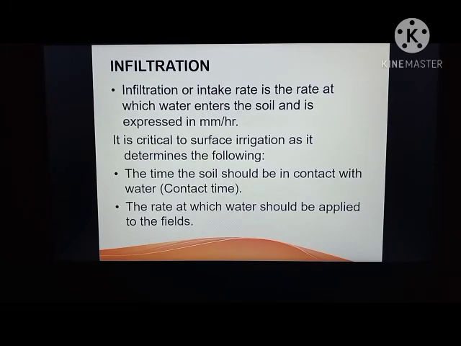Infiltration. Infiltration or intake rate is the rate at which water enters the soil and is expressed in millimeters per hour. It is critical to surface irrigation as it determines the following: the time the soil should be in contact with water, and the rate at which water should be applied to the field. In infiltration, we are actually studying how our soil can hold the water.